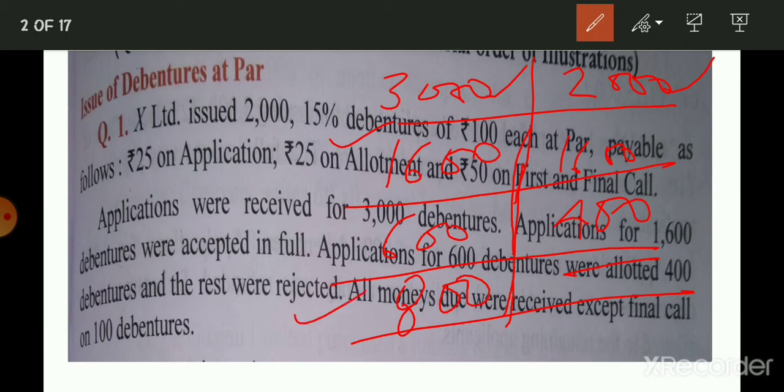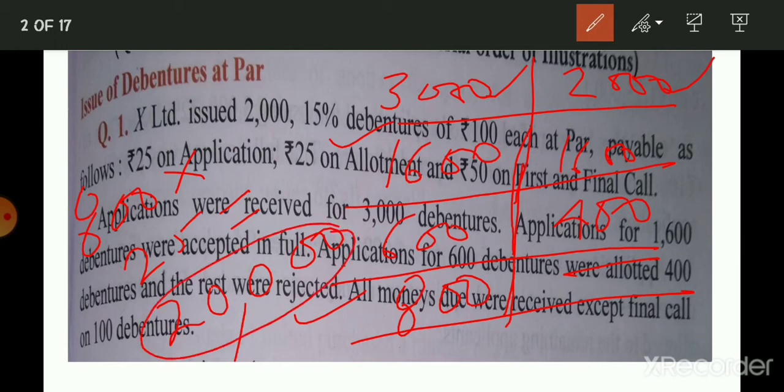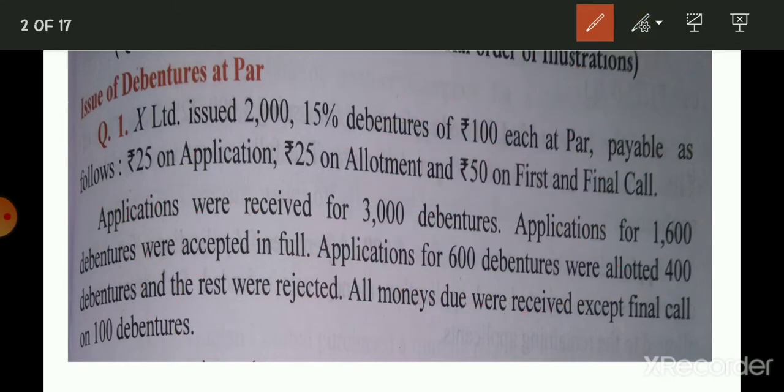How much money do you have to pay? 800 debentures multiplied by 25. 8 5s are 40, 8 2s are 16, that is 20,000 will be refunded, and the remaining money will be adjusted to the allotment.